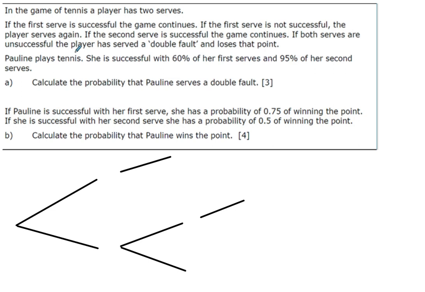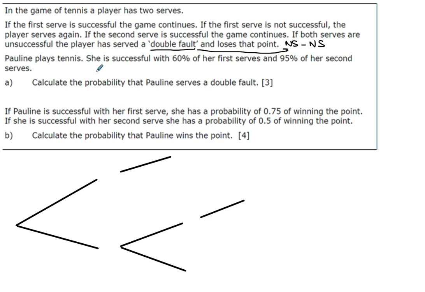If both serves are unsuccessful, the player has served a double fault. So I'm just going to put not successful. If it's not successful and not successful, then you'll have a double fault. I'm preparing something because this is all quite confusing at the moment, so at least I can write something.